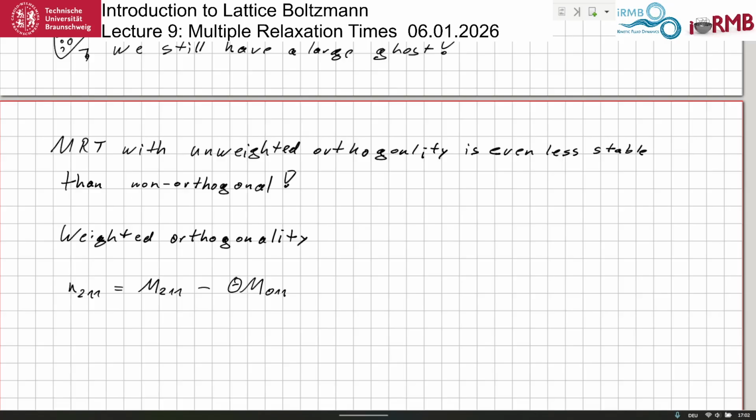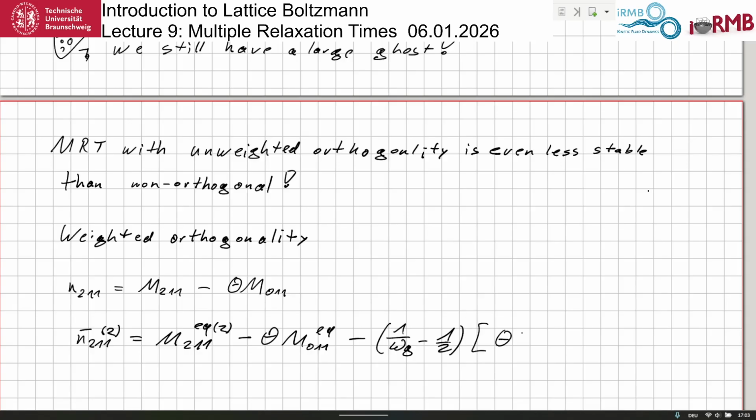So when I do this, what happens? N211 over bar to second order is equal to M211 equilibrium to second order minus theta M011 equilibrium minus 1 over omega g, ghost, because I still want to relax this in a different way.